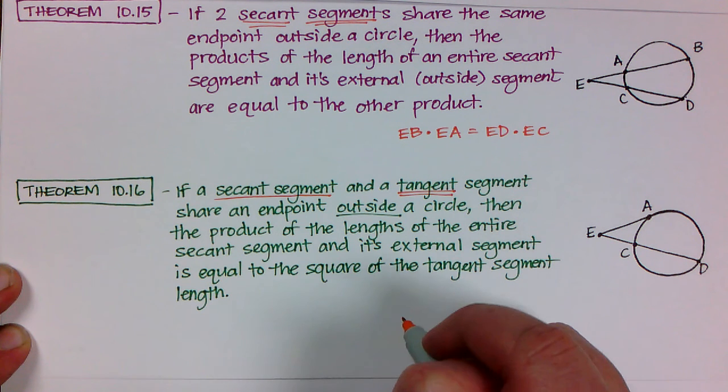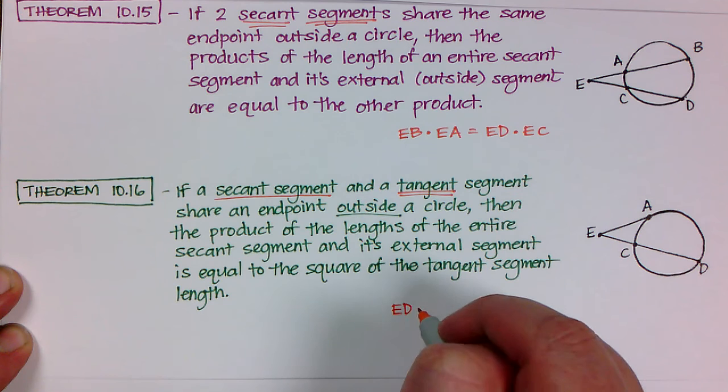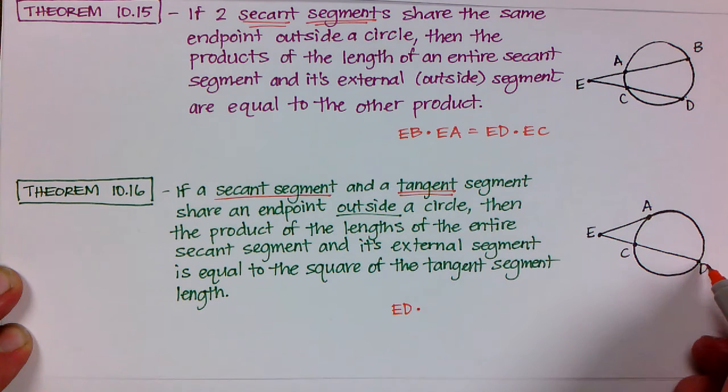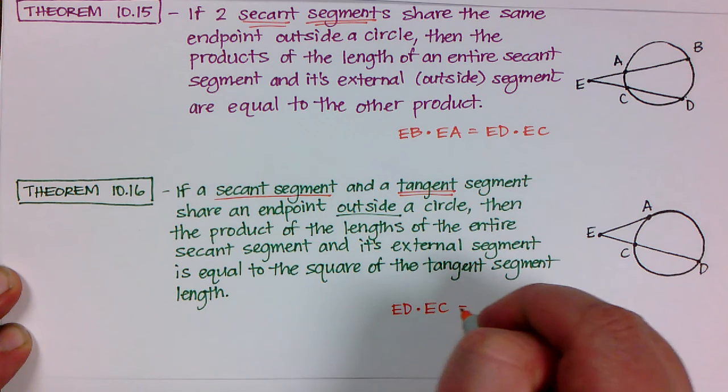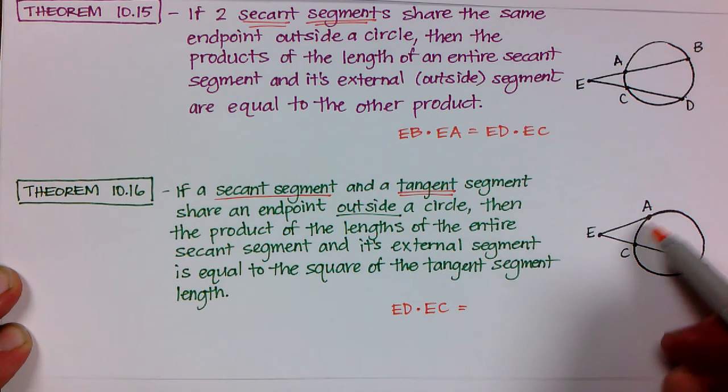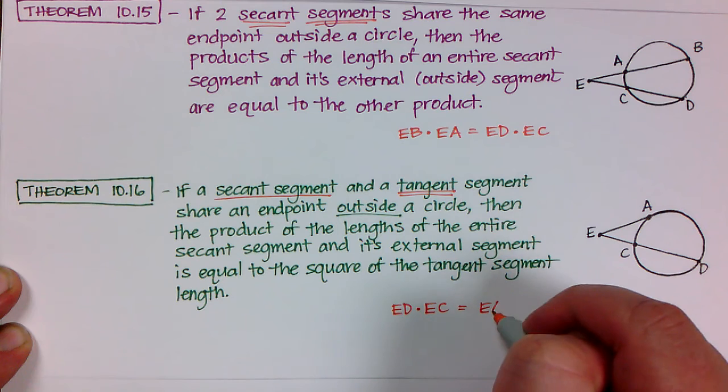So that means that ED, so the entire secant segment, times the external, EC, is equal to simply squaring EA.